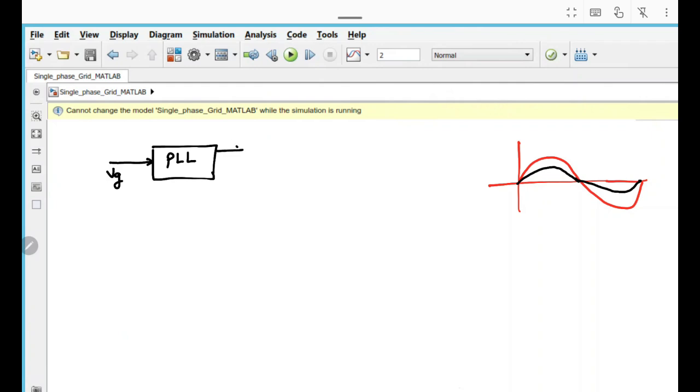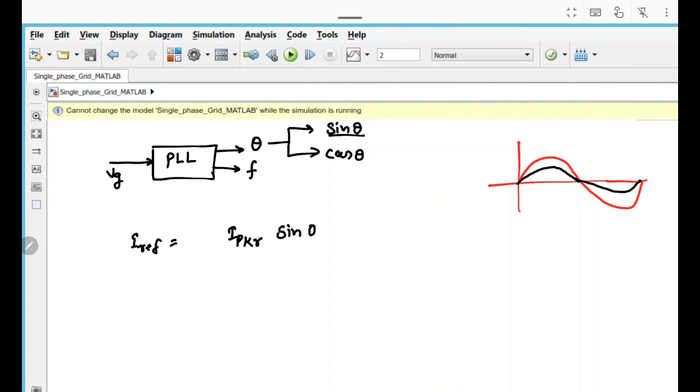In the PLL, it is generating theta, that is the phase angle, and it is generating the frequency. If we get theta, we are able to get sine theta and cos theta. And with sine theta, our reference current will be equal to the peak value of the reference current times sine theta.